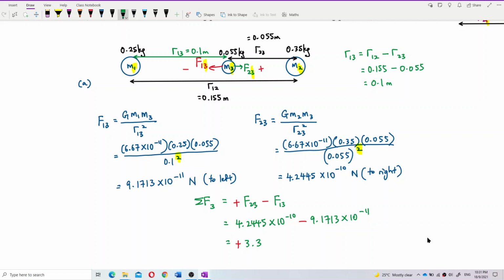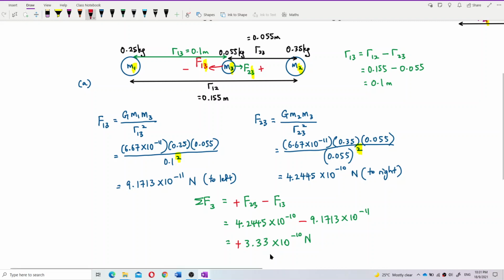Okay? Final answer you maintain 2 decimal place. The process in between you can maintain at 4 decimal place, but final answer always maintain at 2 decimal place. Okay? Because the answer given always only has 2 decimal place. So this is 3.33, from 3.327. So this is 3.33 exponent negative 10 Newton.